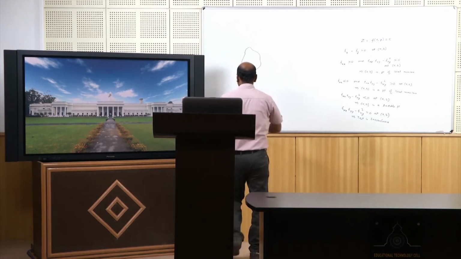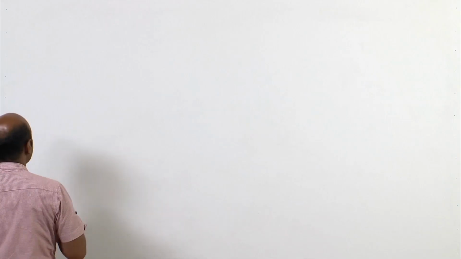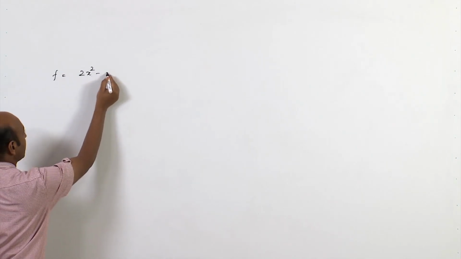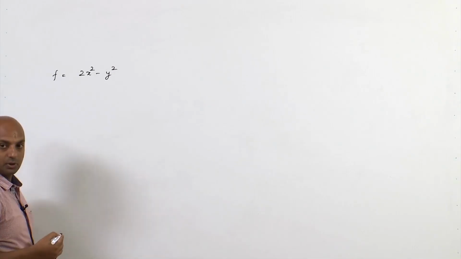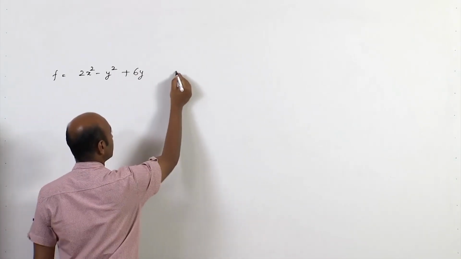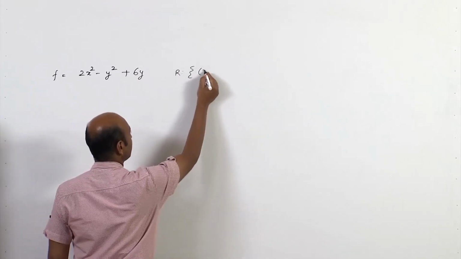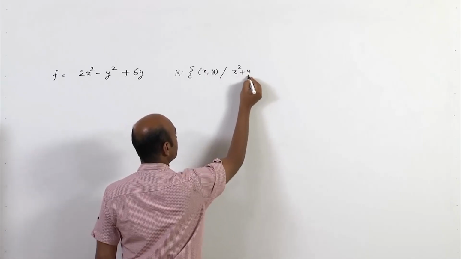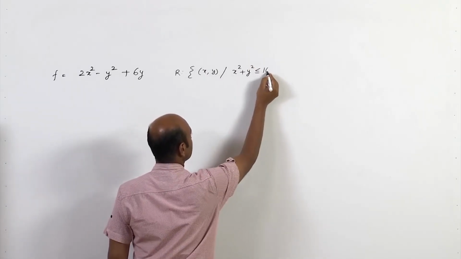Now here, what is f? f is 2x square minus y square plus 6y, and the region is all those (x, y) such that x square plus y square is less than or equal to 16.